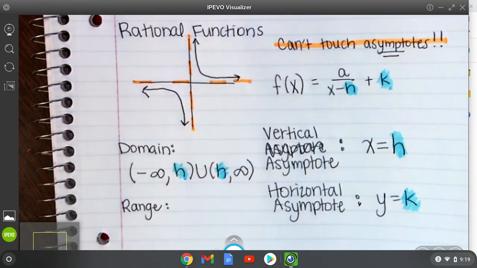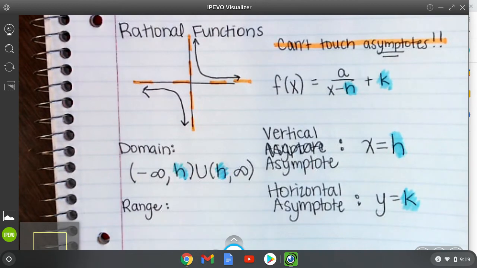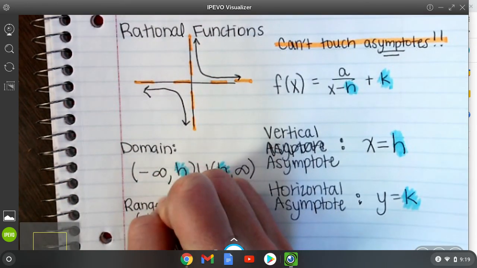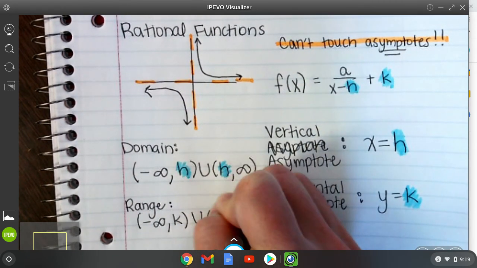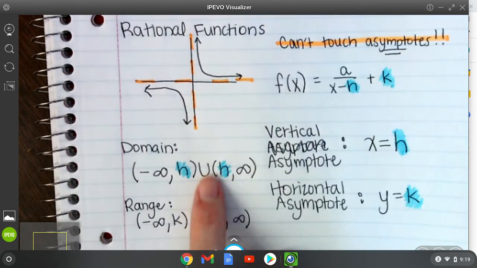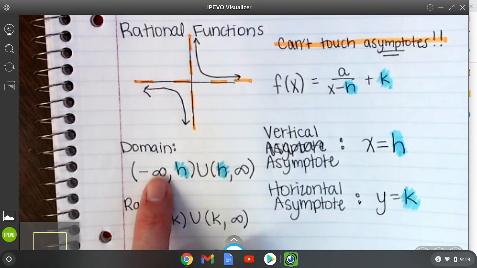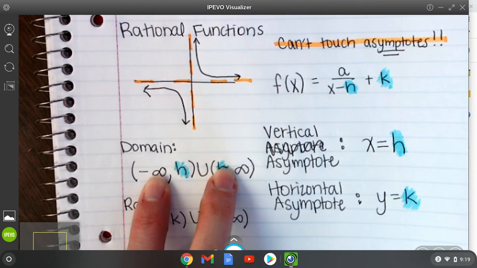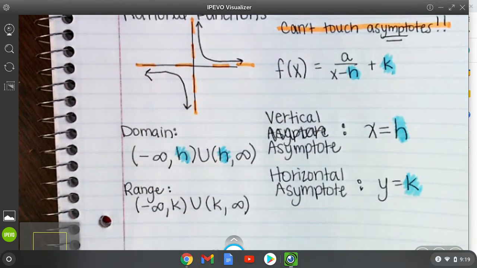We can't, so it's going to be from negative infinity to positive infinity, except for h. Whatever h is, we can't cross that, okay? Your range is going to be negative infinity to k, union k to positive infinity. This just means that we include both. So it means that we are this and we're this, okay? We use both of those. So here it's saying that both of these are true.